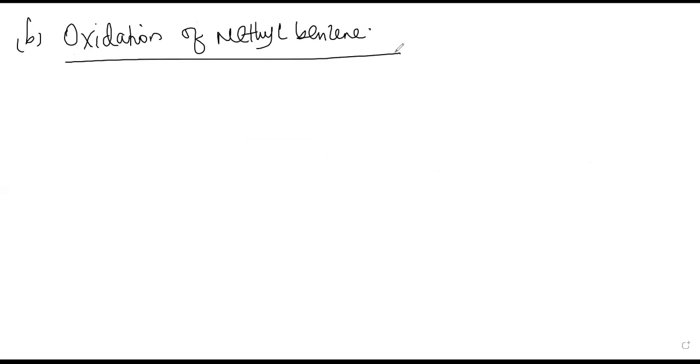Now, this methylbenzene, or what you call toluene, is basically used to prepare benzenecarbaldehyde or benzaldehyde, okay? Nothing else.